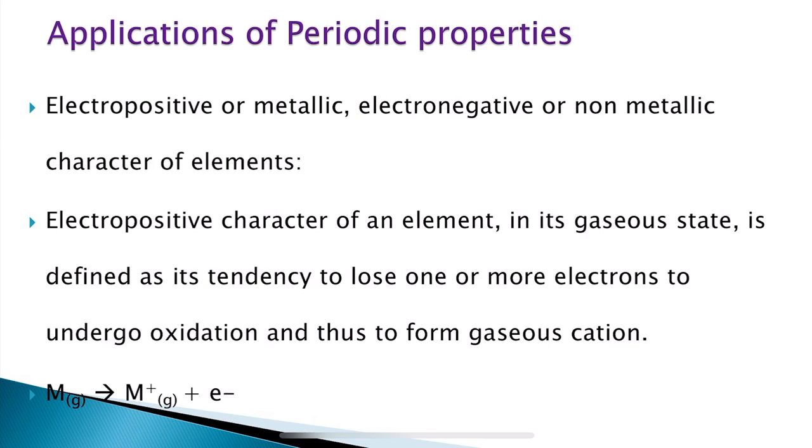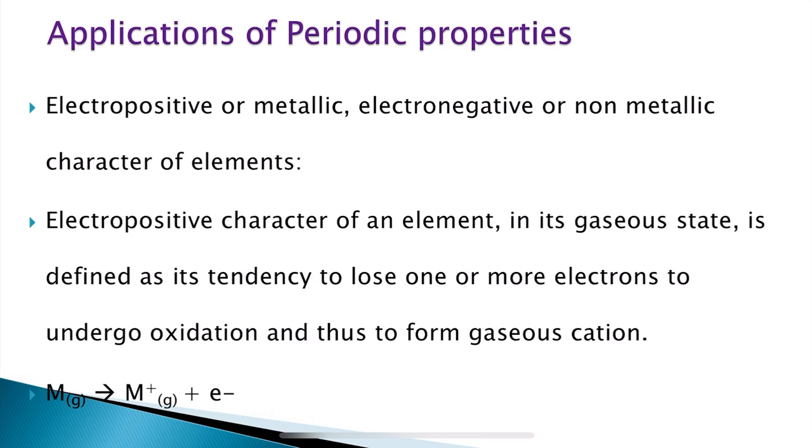For example, elements of the second period have 2 shells. If you observe the periodic table, all these points will be very clear. In this way we can justify the periodic properties which we observe in the periodic table.